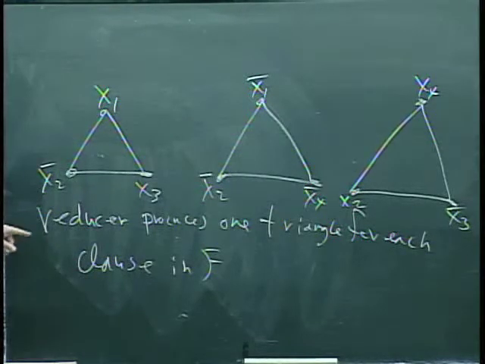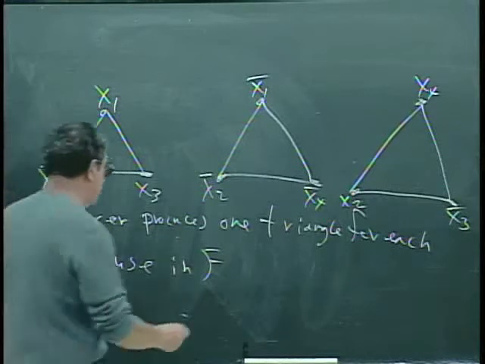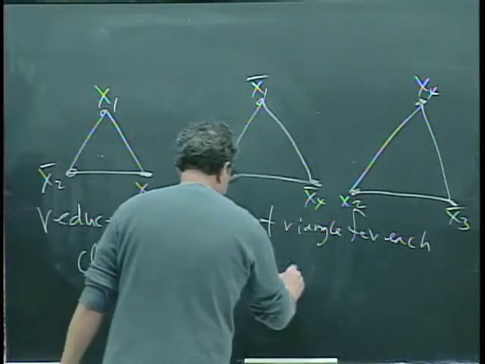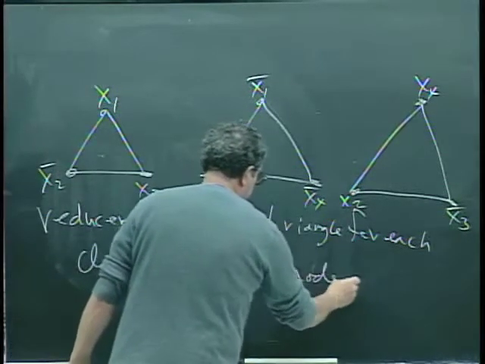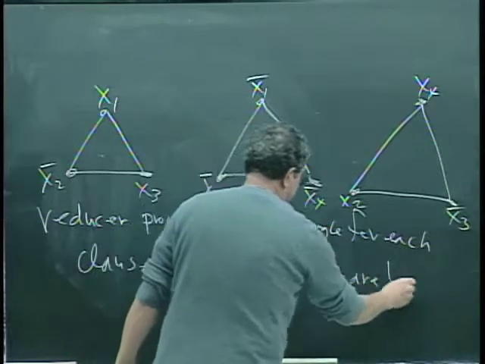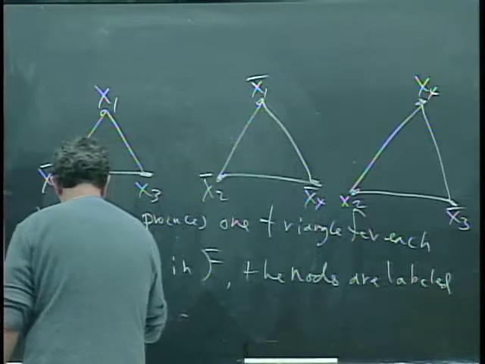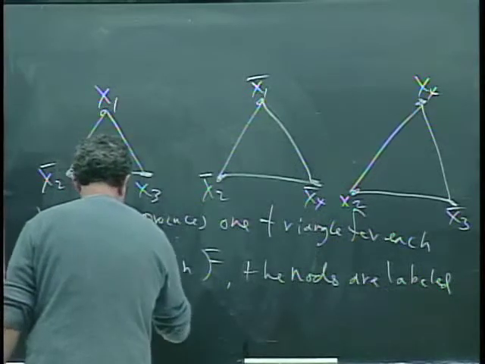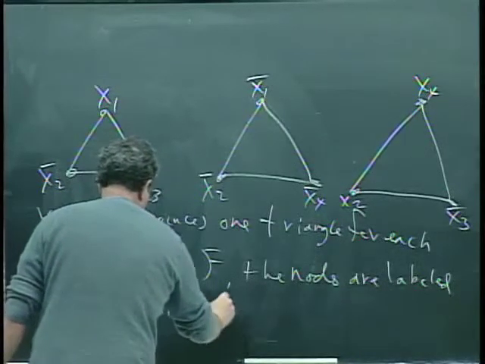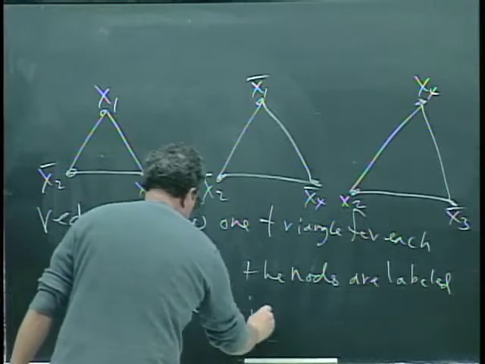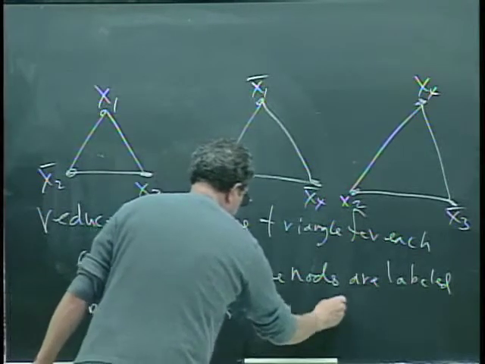So one triangle for each clause. The nodes are labeled by the literals in the clauses.